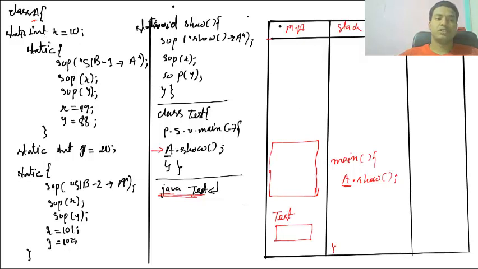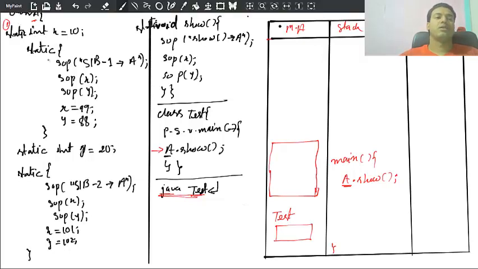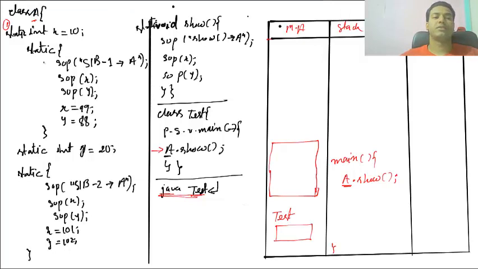So in the first phase, JVM goes through the entire class and identifies only the static members. What are the static members available in this class? You have one variable, so first it identifies x, right? X is a static variable, and then it identifies one static block, 2, another static variable, 3, another static block, 4, another static method, that is 5, right?